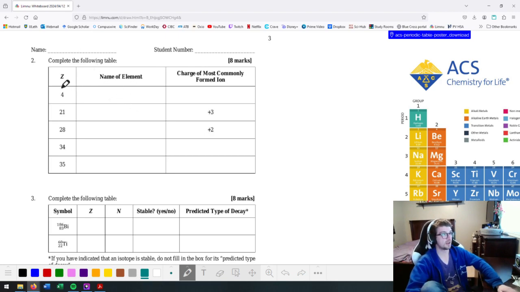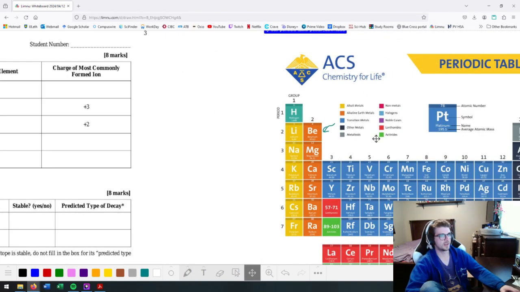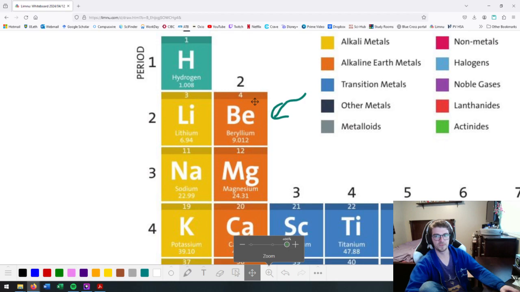So Z, the element with 4 protons in it is just this one here, beryllium, and it's really, really small. I'll see if I can get over there and zoom in for you. So this here is this inconveniently small atomic number.